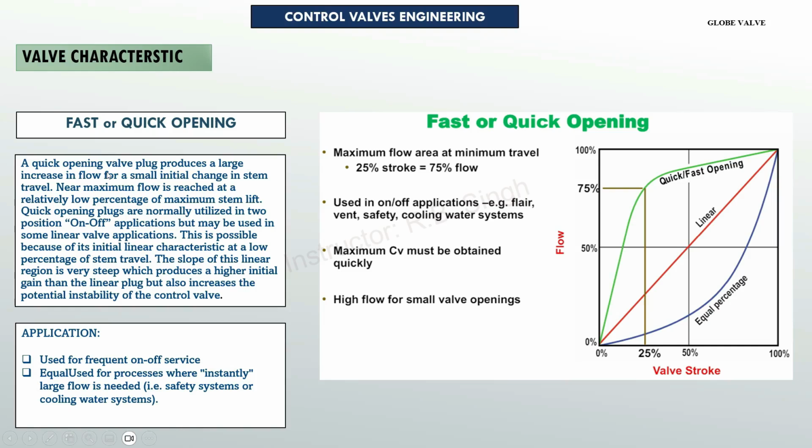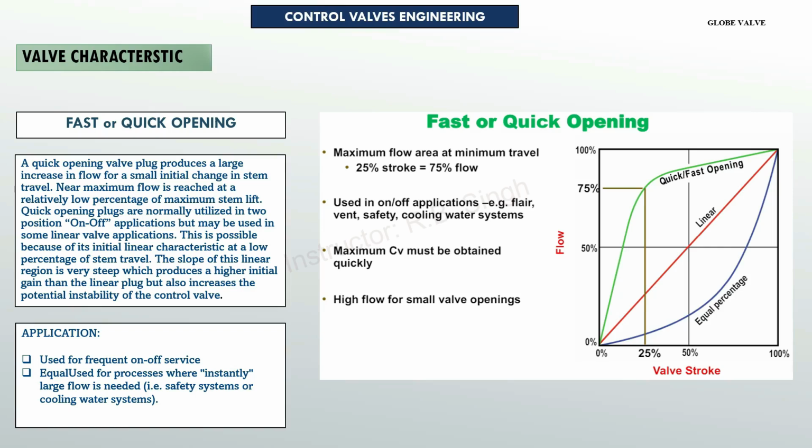Now a quick opening valve plug produces a large increase of flow for a small initial change in stem travel. Near maximum flow is reached at a relatively low percentage of maximum stem lift. Quick opening plugs are normally utilized in two-position, on and off applications, but they can be used in some linear valve applications.